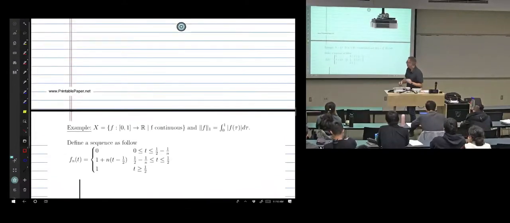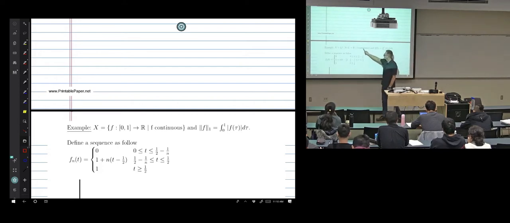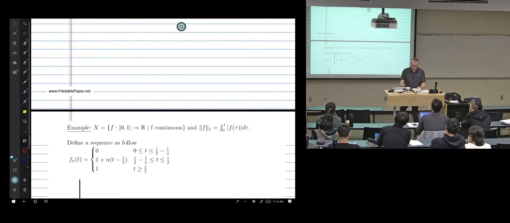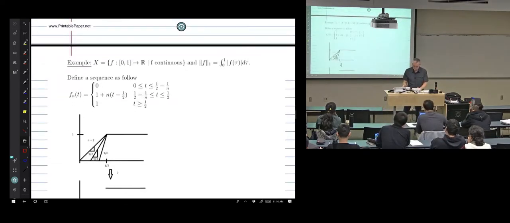Everything here is well defined because if a function is continuous, its absolute value is continuous, and continuous functions over bounded intervals have convergent Riemann integrals. So everything here works. We haven't defined continuous carefully, but I'm using your intuition for now.